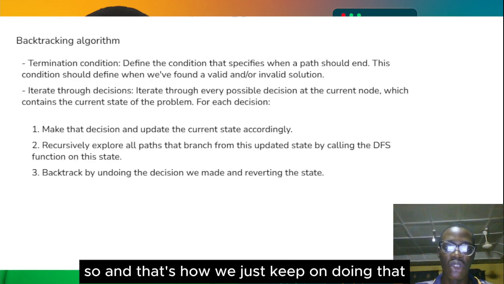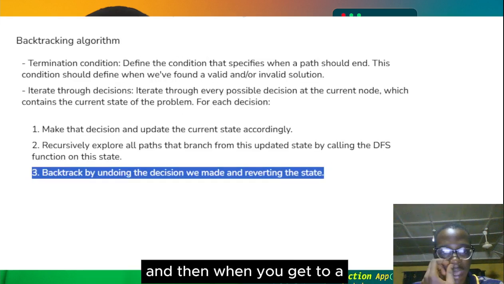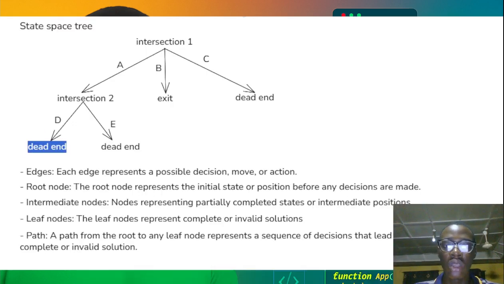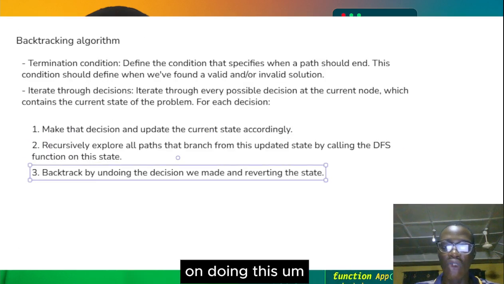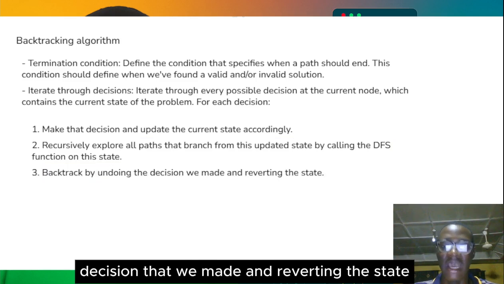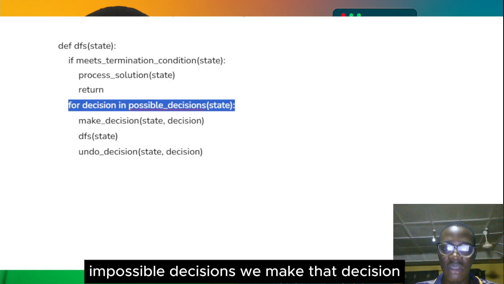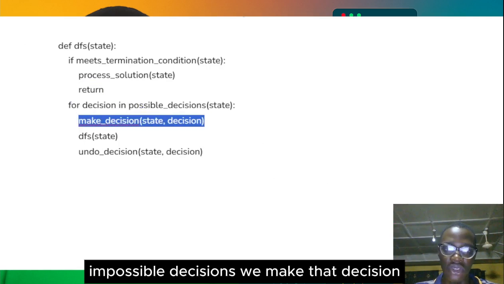So that's how we just keep on doing that. And then when we get to a dead end or a solution, we then backtrack by undoing this decision that we made and reverting the states. So for decision in possible decisions, we make that decision, right?